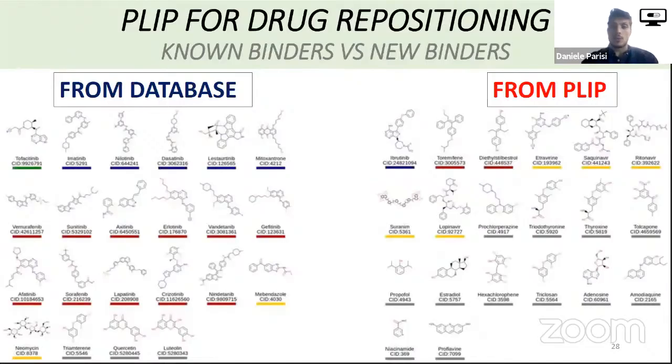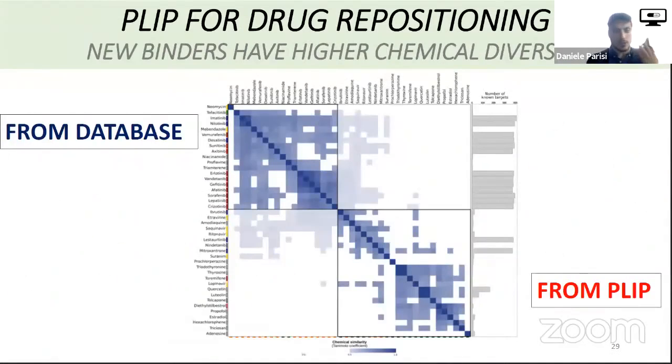Then we wanted to see if this approach was actually useful, and so we looked at the kinase inhibitors that we already had in the databases that were able to inhibit those new targets. What we saw is that the inhibitors that were already available on the database were all chemically connected, as you can see on the top left part of the graph, and they all share a huge amount of the same targets, so that increases the chance of side effects.